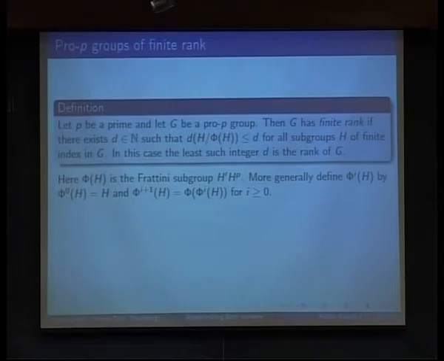So we can also look at pro-p groups of finite rank. So if p is a prime and G is a pro-p group, then G has finite rank if there's a positive integer d such that the number of generators of H modded out by the Frattini subgroup of H is at most d for all subgroups H of finite index in G. So the Frattini subgroup here will be the commutator subgroup times the p-th powers of H. I'm also going to want to iterate the Frattini subgroup later.